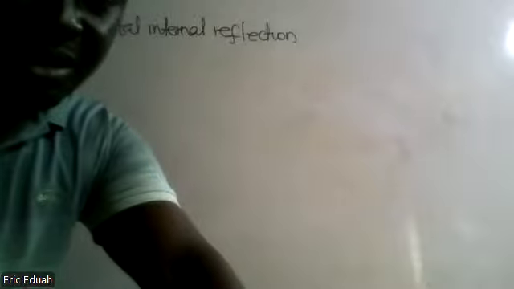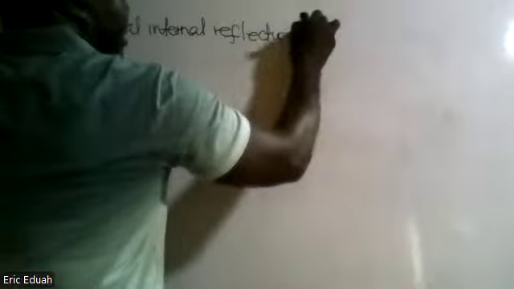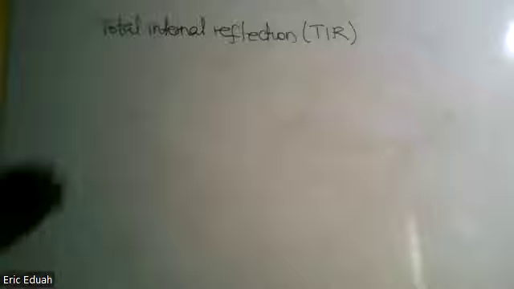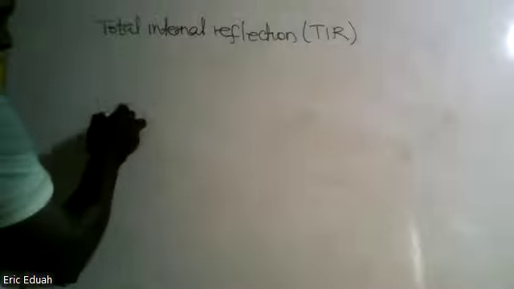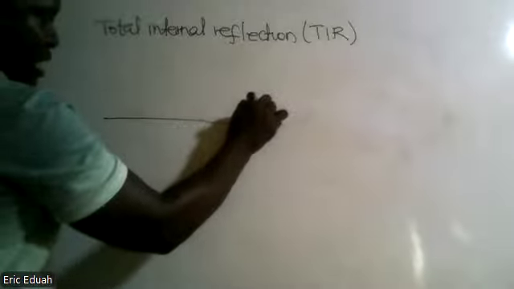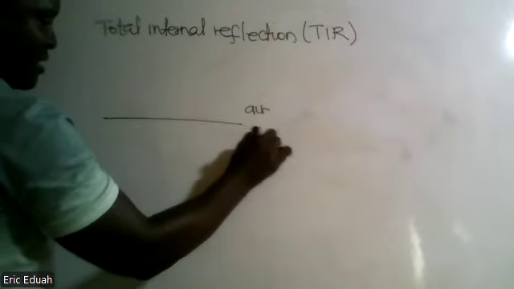Now, whenever light, total internal reflection, which is shortened as TIR. Before I give you the definition, we have this as air, and then this is glass.